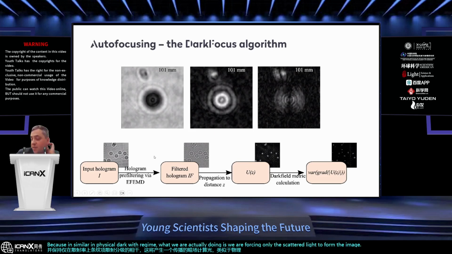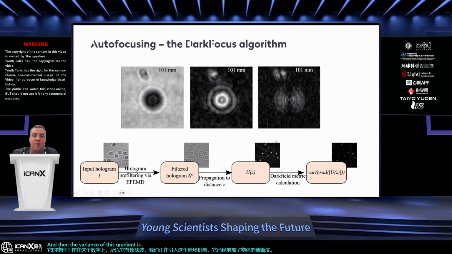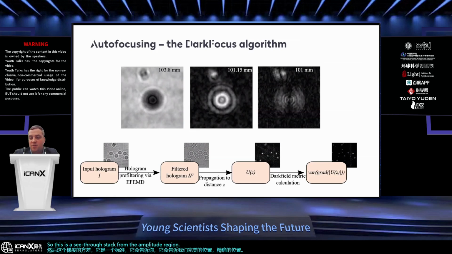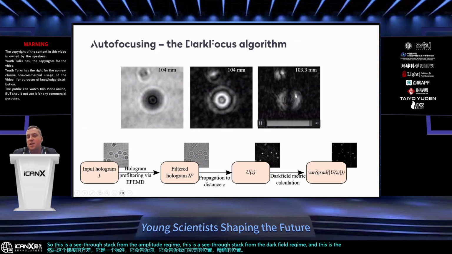So by high pass filtering, we are introducing this dark field regime, which already increases the sharpness of the object, but then we calculate the gradient of the dark field, and then the variance of this gradient, a norm that will tell us the precise location of the object plane. This is a see-through stack from the amplitude regime. This is the see-through stack from the dark field regime, and this is the see-through stack from the dark field gradient.